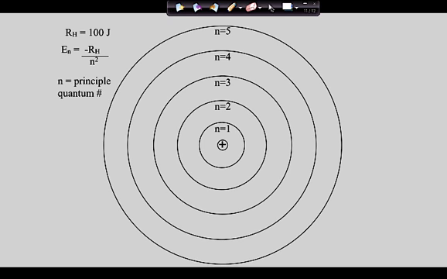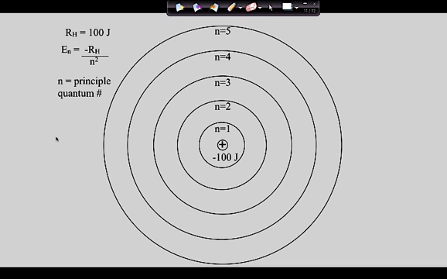Plug 1 in for n and plug 100 in for R sub h. So you have negative 100 divided by 1 squared, which is negative 100. So the energy of energy level 1 is negative 100 joules.